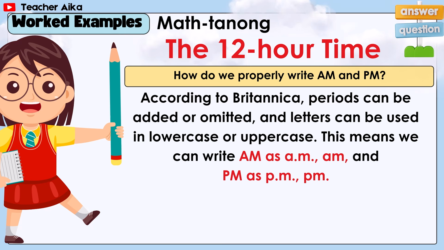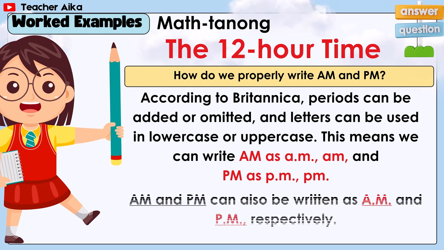This means we can write AM as A.M. or AM, and PM as P.M. or PM. AM and PM can also be written as capital A.M. and capital P.M., respectively.